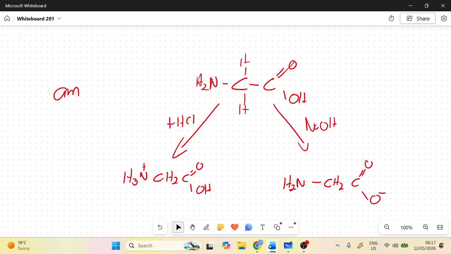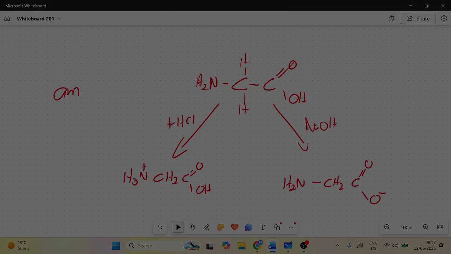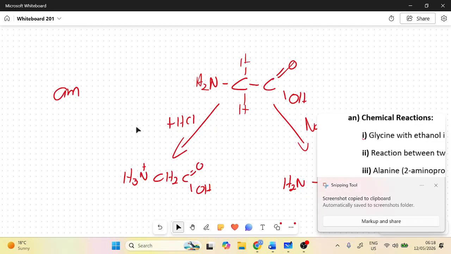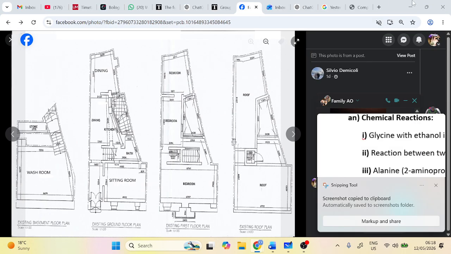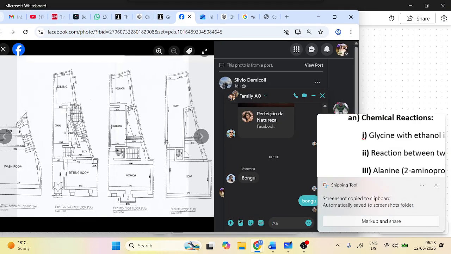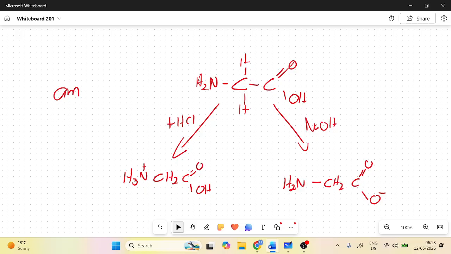You have the reaction of glycine with ethanol in the presence of HCl gas. Now, this, as far as I'm concerned, is the same reaction that we've just done for glycine with HCl. Let me confirm for 1 second.